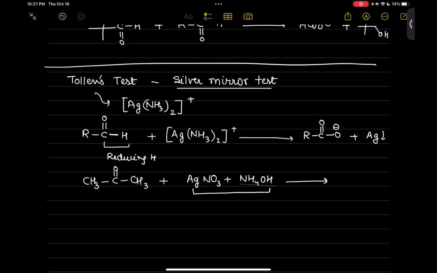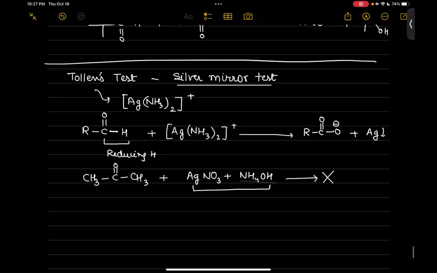Ketones can't be easily oxidized, because there is no reducing hydrogen.